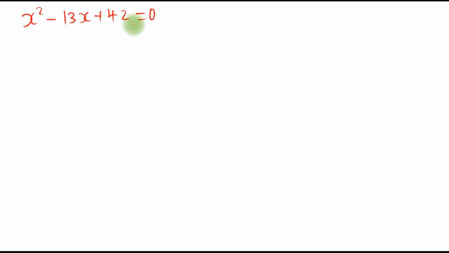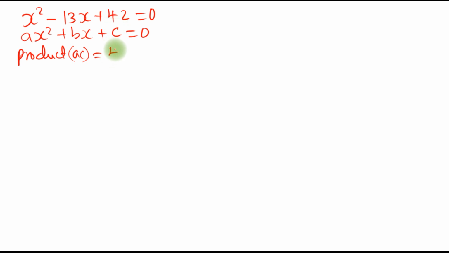We can use the factorization method, since it is of the form ax squared plus bx plus c is equal to 0. So let us get the product of ac. In our case here, a is 1 and c is 42. So we get factors of 42 such that if we add them, we get minus 13.